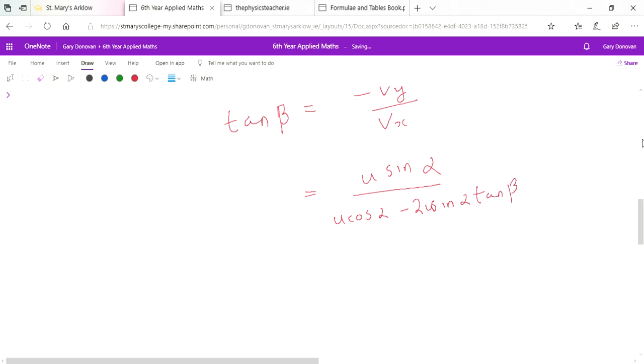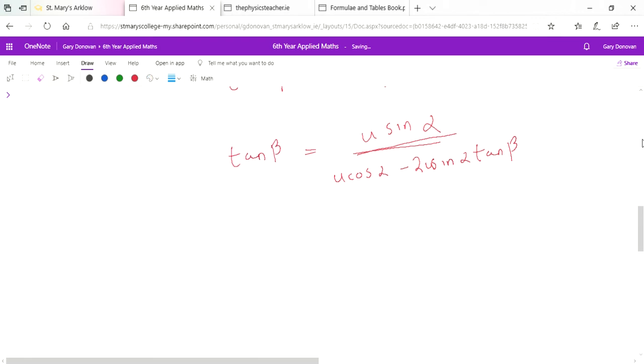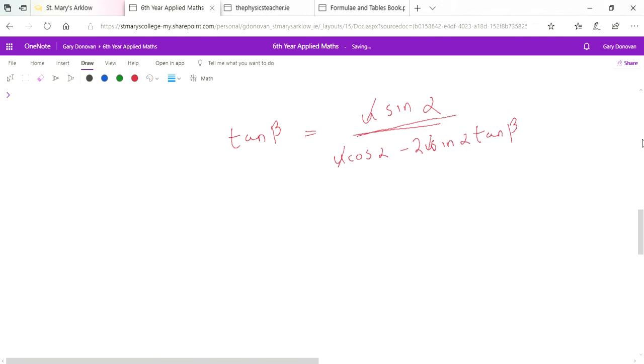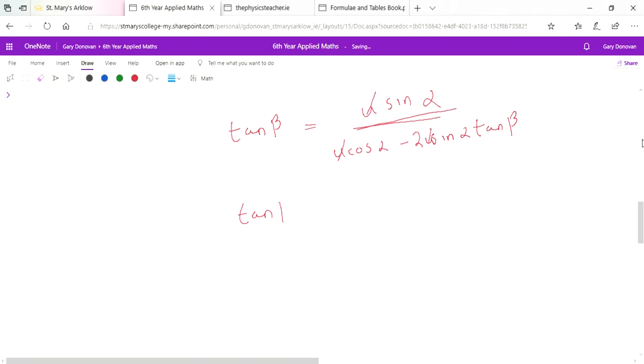Sorry, that's a little bit messy, but that's 2u sine alpha. Now we have a u in each term here, so the u's can cancel, and we'll get tan beta equals sine alpha over cos alpha minus 2 sine alpha tan beta.